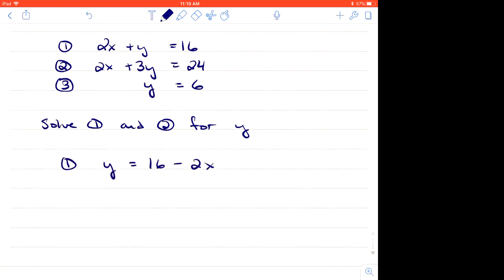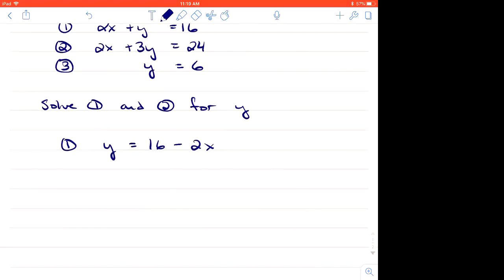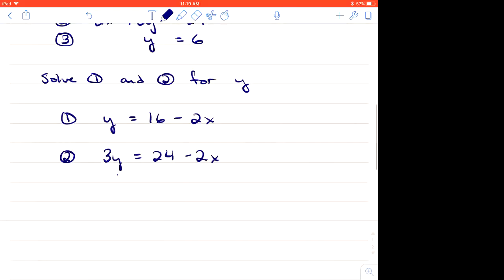That one's fine, right? Y is just on its own, so we can just move the 2x over, and then we have y equals mx plus b. How about equation 2? We have the 3y, so we can say that 3y is 24 minus 2x. So y must be 24 minus 2x all divided by 3.